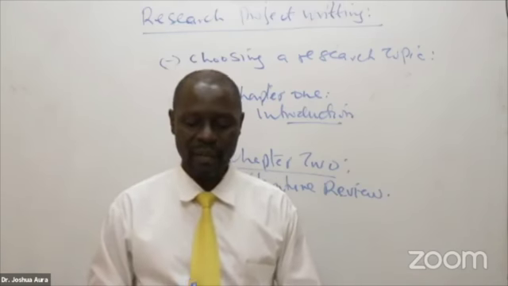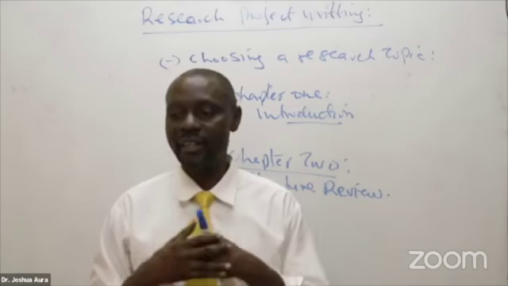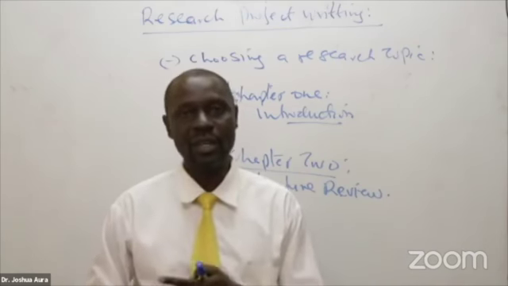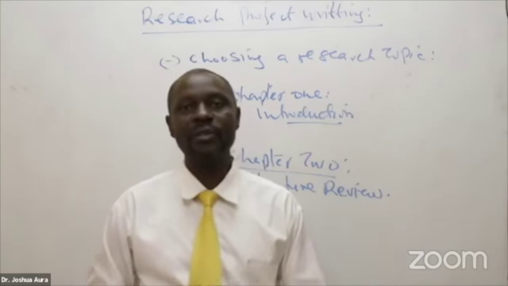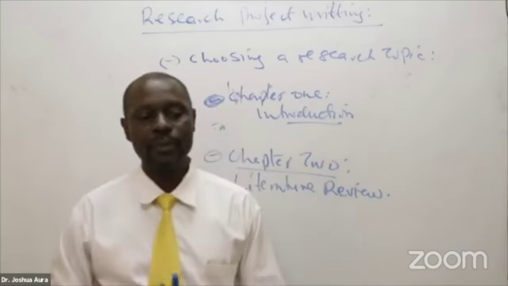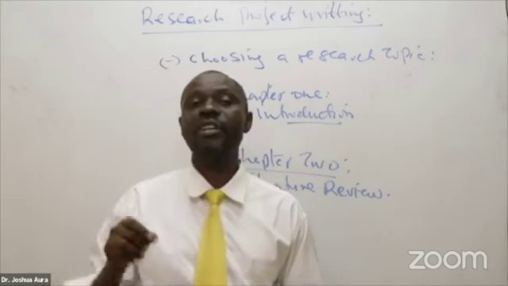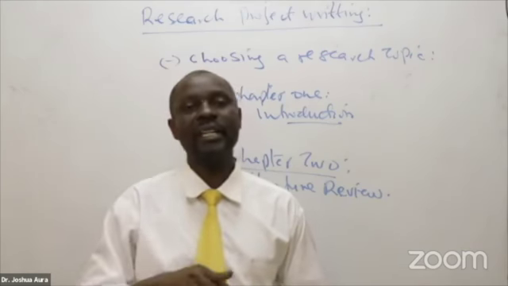You present various writings, either books, magazines, or newsletters that have been written about that topic. Because at the end of the day, you are supposed to write something that is very unique, very different from what has been written elsewhere.